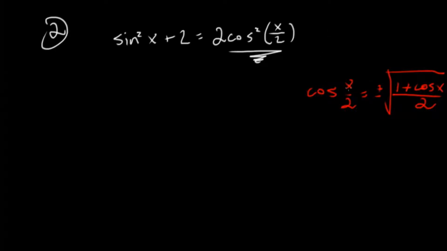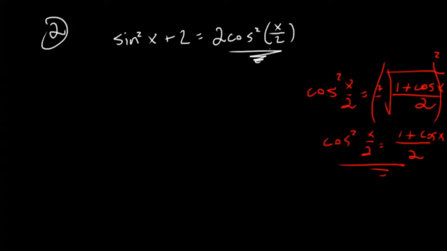So what I really care about is, let's throw a square there, and we got cosine squared x divided by 2 is equal to 1 plus cosine x divided by 2. The plus or minus goes away. I'm killing it with the square. And what I really want is the square. So this is the formula that I care about.